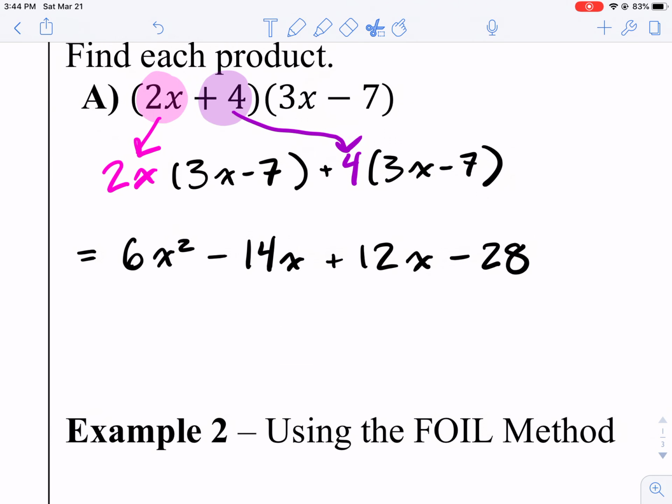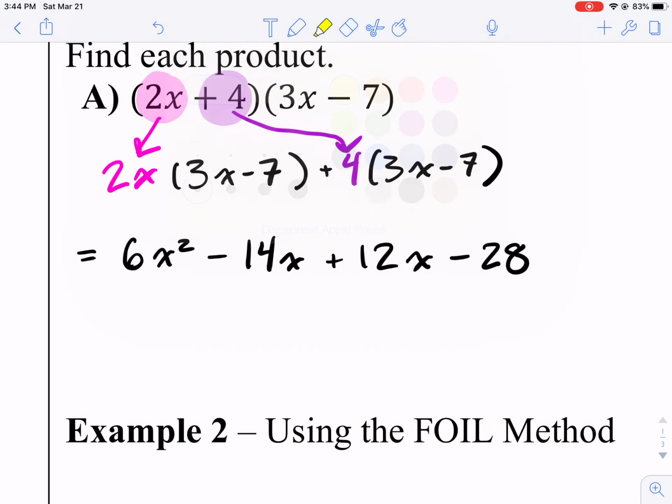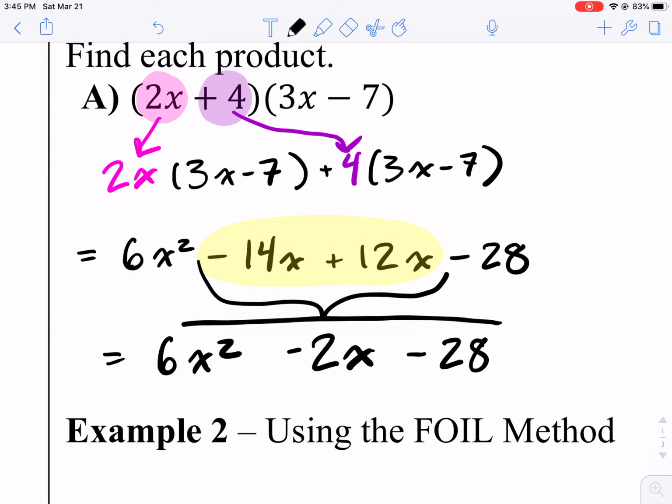Now we're almost done. This is almost our solution, except we have two like terms that we can combine. We have two x terms here. We've got a negative 14x and a 12x. And negative 14x plus 12x comes out to a negative 2x. We'll bring the other two members down. That gives us 6x squared minus 2x minus 28.